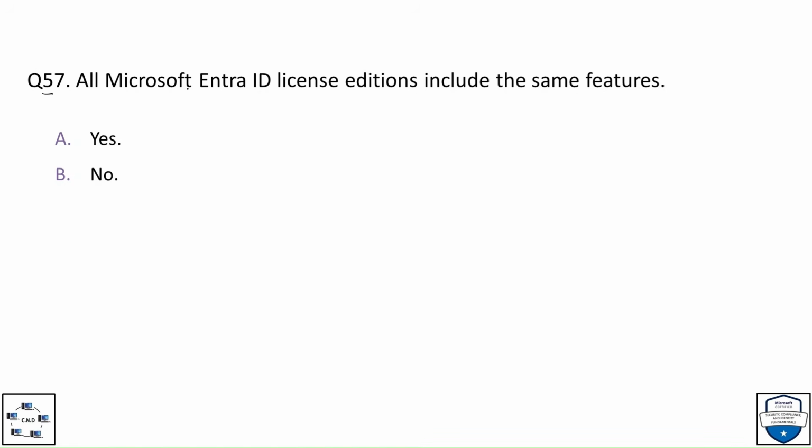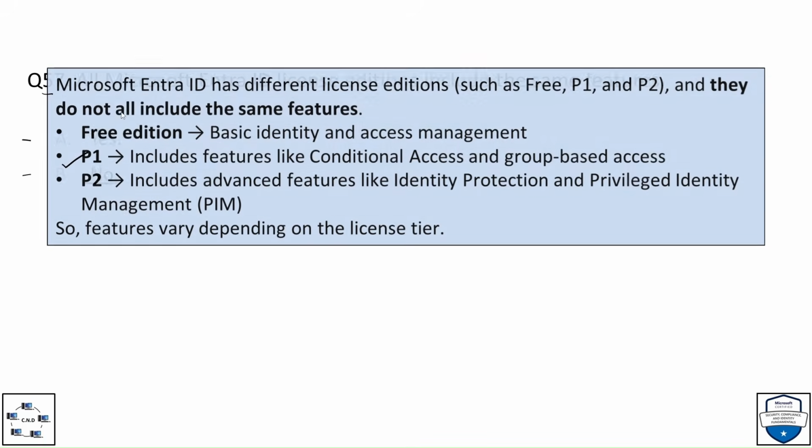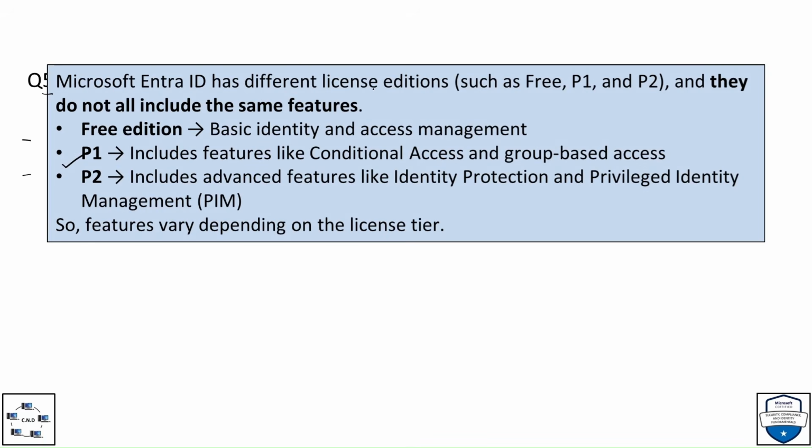Question number 57, all Microsoft Entra ID license editions include the same features. Option A, yes, and option B, no. And the correct option is option B, no. And the explanation is, Microsoft Entra ID has different license editions such as free, P1 and P2, and they do not all include the same features.